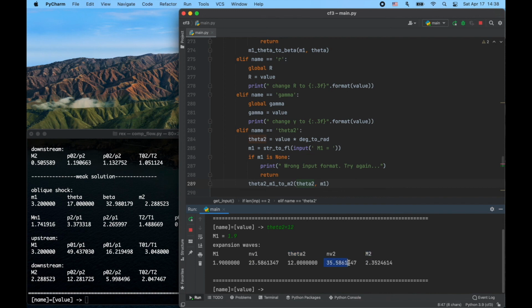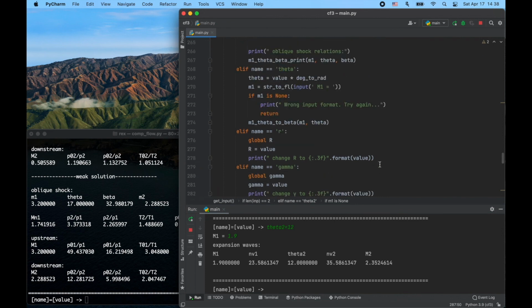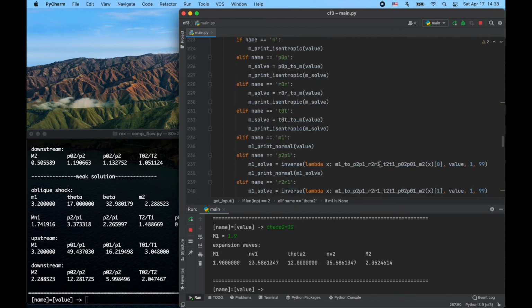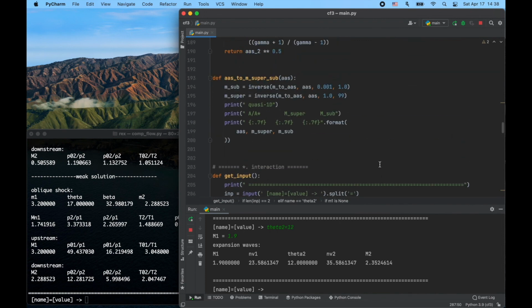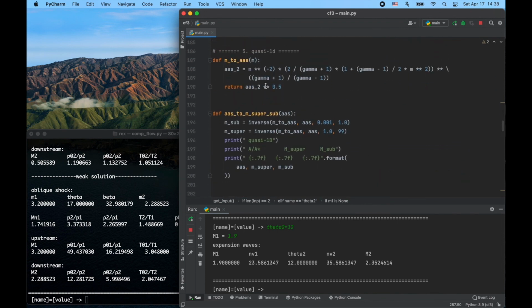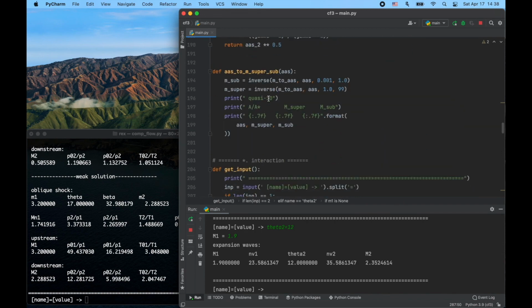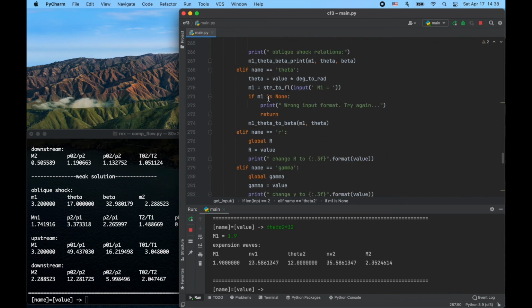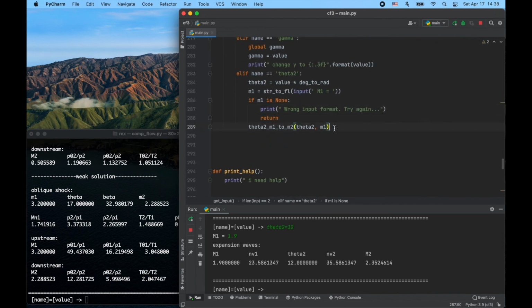What's next? Quasi 1D. So if name is maybe A/A*, or name is A/A star, right?